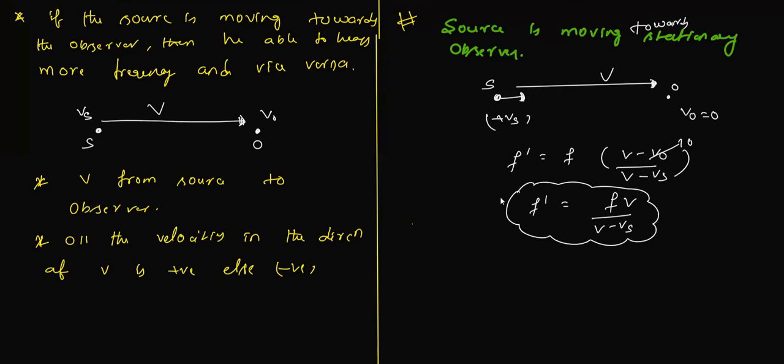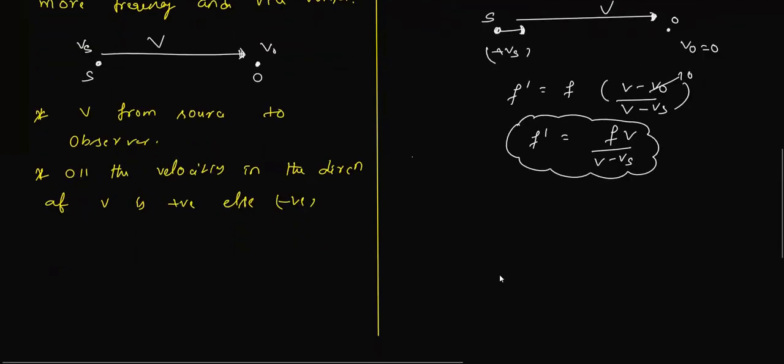For the second case: source is moving away from the stationary observer.